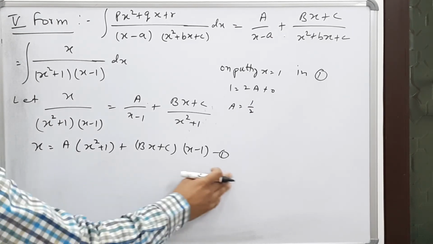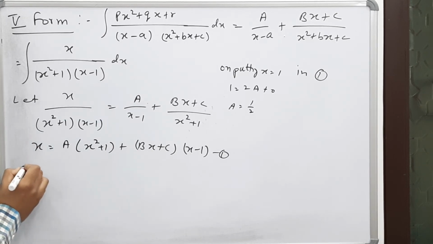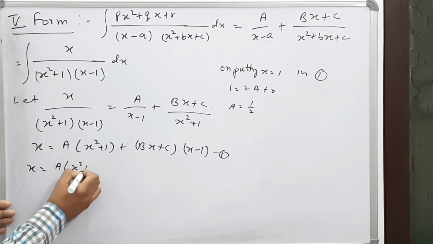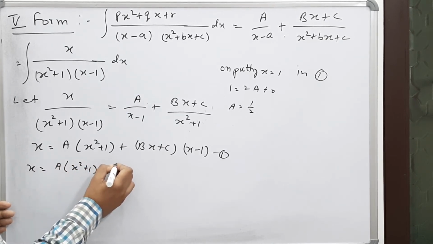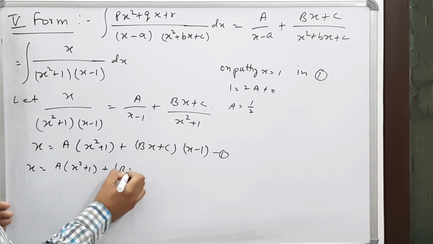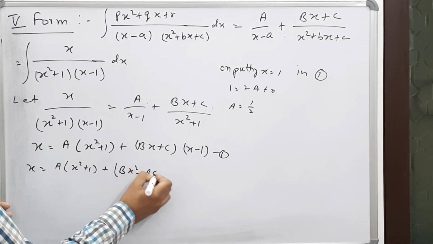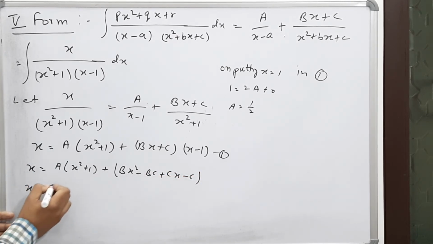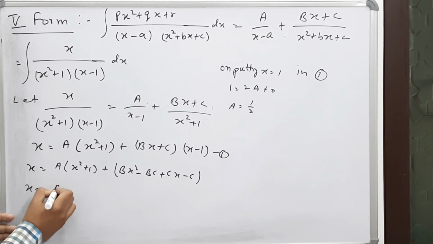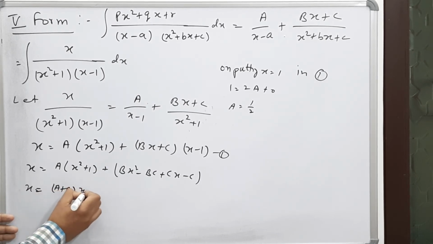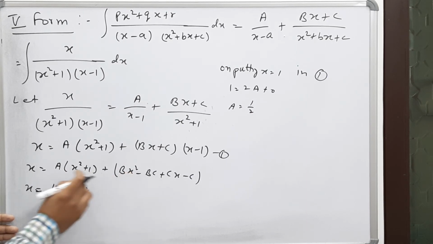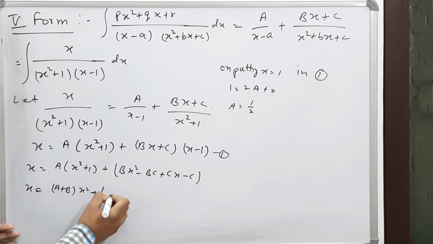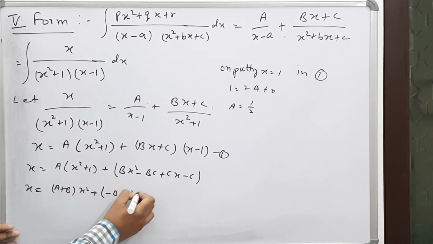Now the next part is that we will expand this as we have done in the earlier problem. So it is A(x² + 1) + Bx² − Bx + Cx − C. Now collect the coefficient of x² together. So (A + B)x². Then the coefficient of x, so it is (−B + C)x.